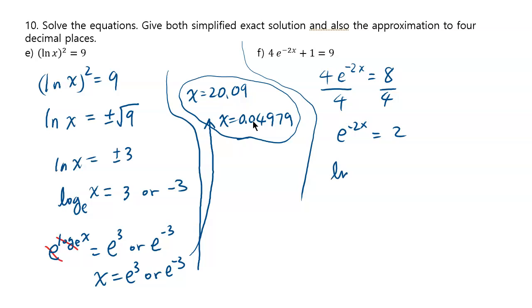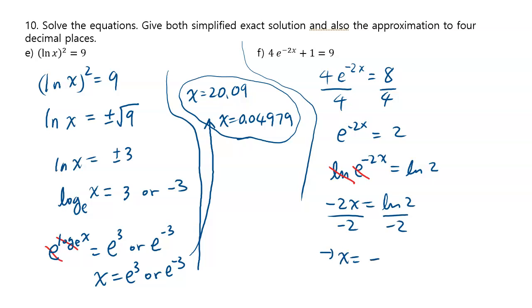You take ln of both sides, because ln is the log base e. I apply ln to both sides. And then ln and e cancel, and you end up with negative 2x equals ln of 2. And finally, divide both sides by negative 2, and that gives you x equals negative 1/2 ln of 2.